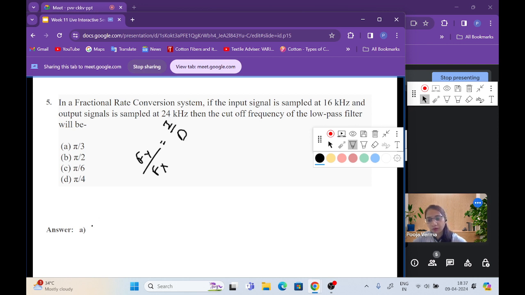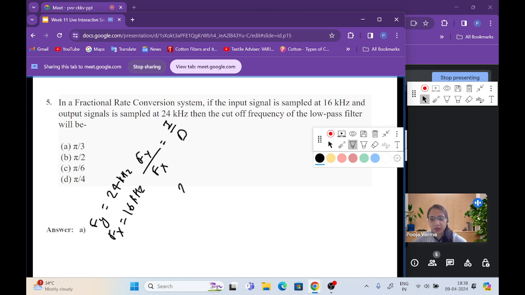So Fy, what is the value of Fy? The output signal is sampled at 24 kilohertz and Fx is given as 16 kilohertz, right?